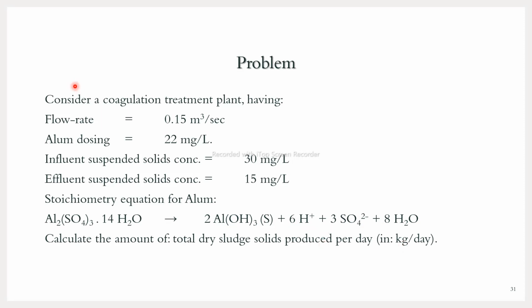So now, based on the above data, you have to calculate the amount of total dry sludge solids produced per day in kg per day. Hint: atomic mass of aluminum is 27, sulfur is 32, hydrogen is 1 and oxygen is 16. These are grams per mole or kilograms per kilomole. Okay.